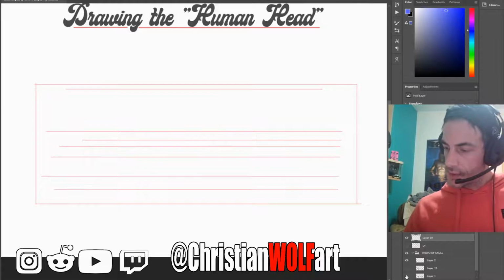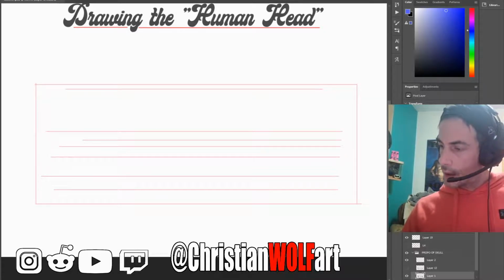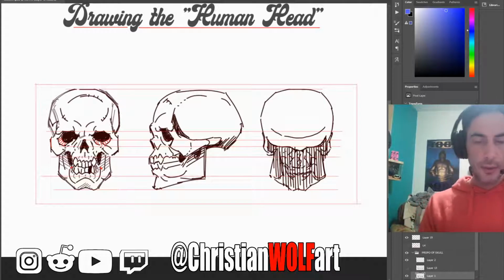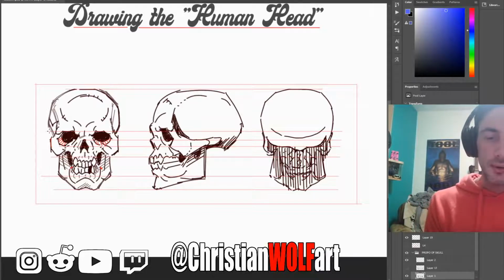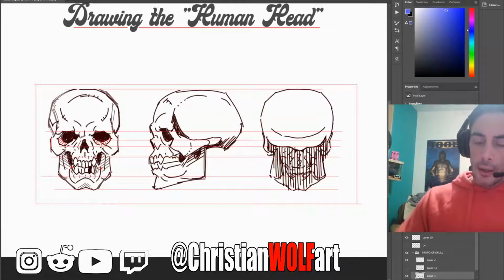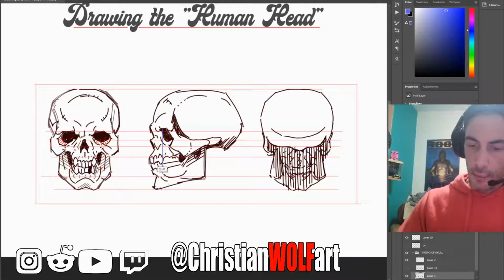You'll notice with the skull, there are playing fields that are pretty similar across the board where skulls are concerned, meaning where the eye socket begins, you will usually find an alignment with the eye teeth, so the big, sharp canines in your mouth.